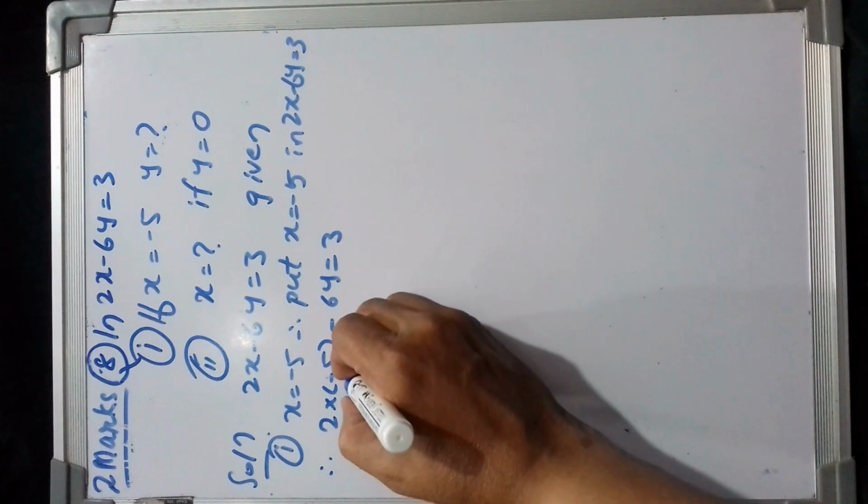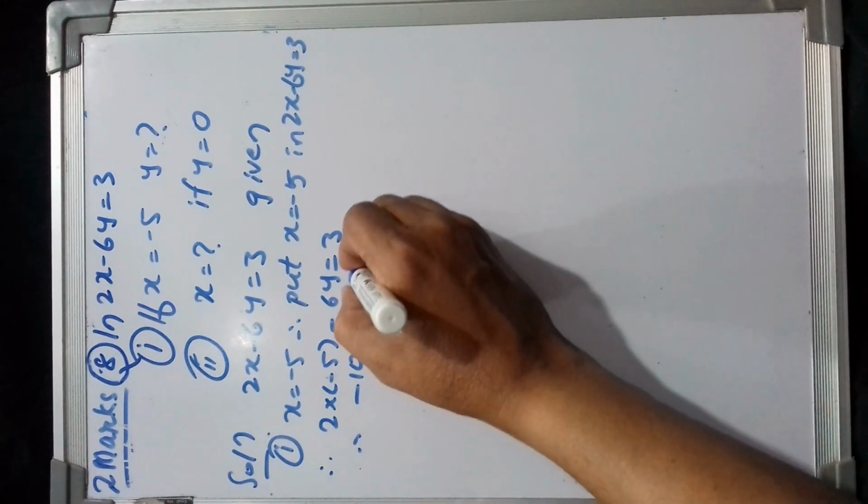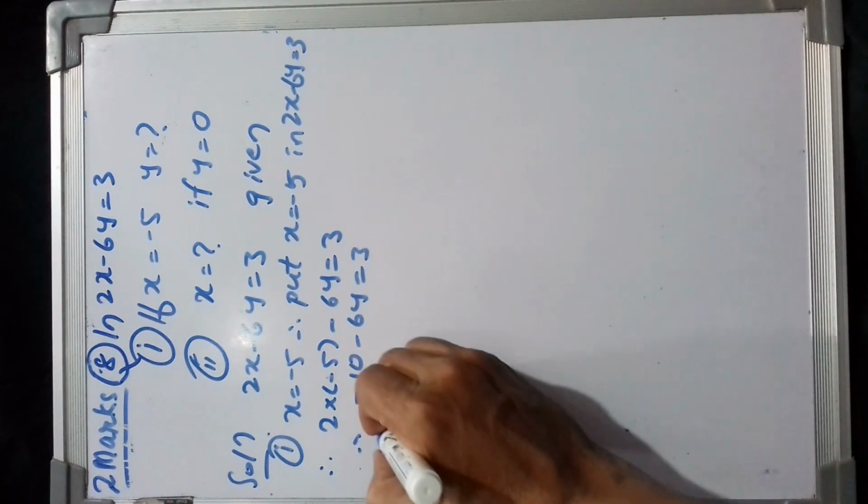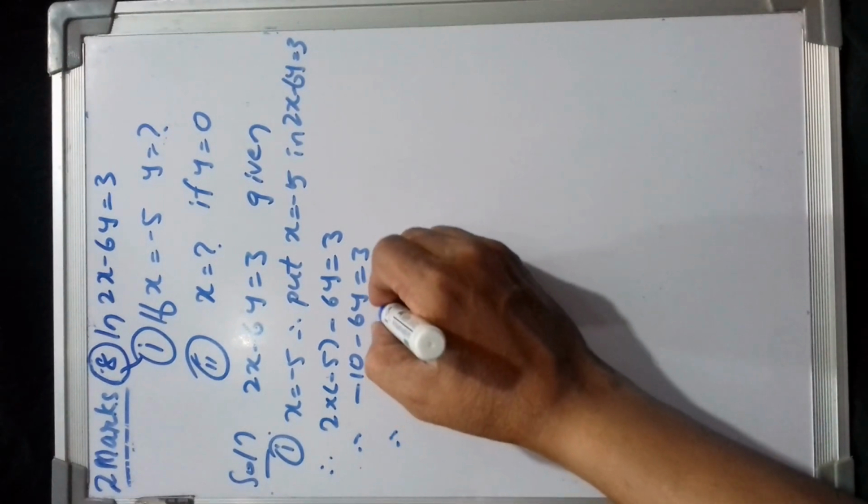Now in the next question, it is given 2x minus 6y is equal to 3. If x is equal to minus 5, what is the value of y?